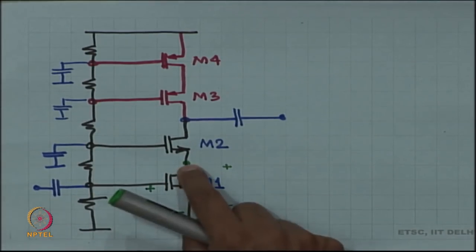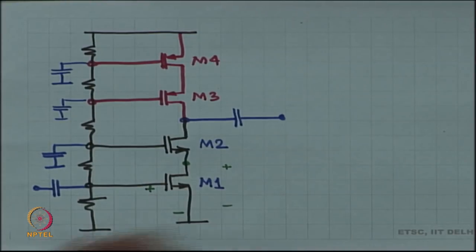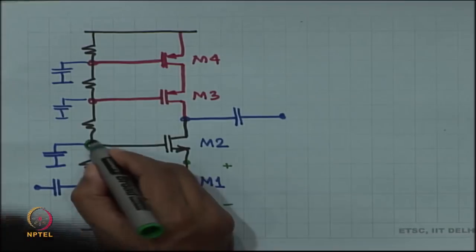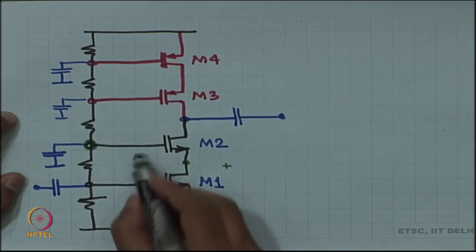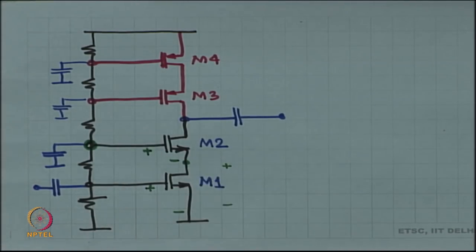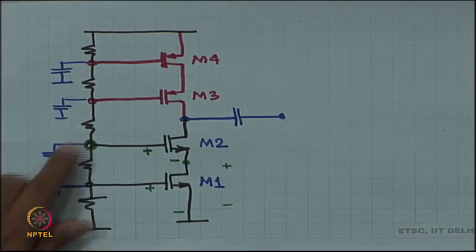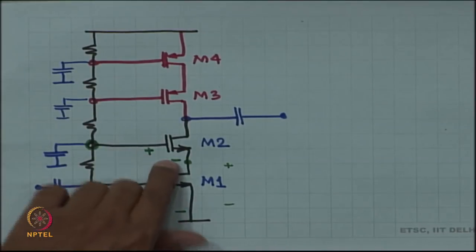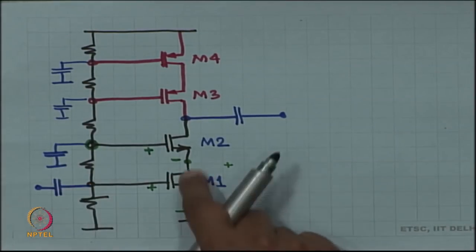What is this voltage going to be? This voltage is going to be the potential at the gate minus the requisite VGS. You see, the potential at the gate is fixed, minus the requisite VGS, that is the approximate potential of this.